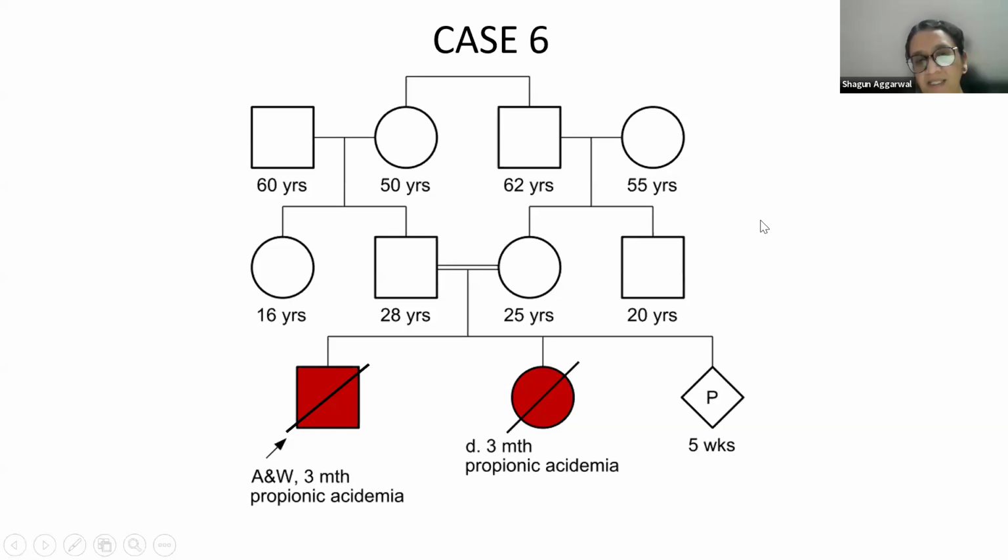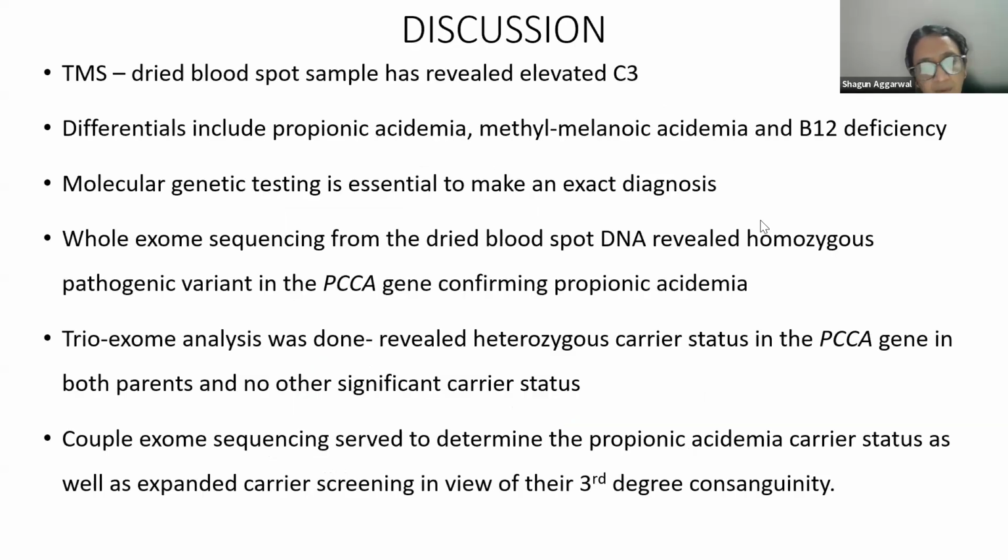An autosomal recessive disorder will happen only if both the parents are carriers, or to use the term, obligate carriers. So if you don't have the children's sample available, then the next best option is to do carrier testing of the couple by exome sequencing and find the mutation in them. That also will help you, retrospectively by proxy, in finding the diagnosis of the previous child and offering prenatal testing. So yeah, let's go to the next case.